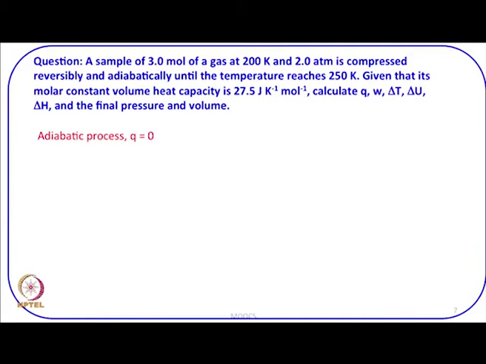Let us take a look at the slide. Adiabatic process, Q is equal to 0. So, therefore, delta U has to be equal to W.